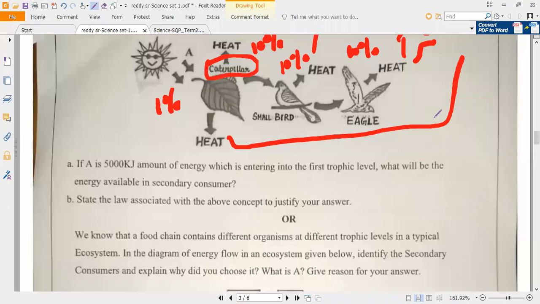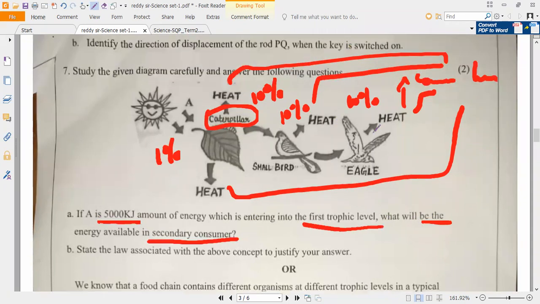Now the question is, if A is 5,000 kilojoules of energy entering into the first trophic level, then what will be the energy available in the secondary consumer, they are asking. Sir, first trophic level 500 joules, sir. Yeah, first trophic level 5,000 kilojoules. Purima, 5,000 kilojoules of energy is entering.